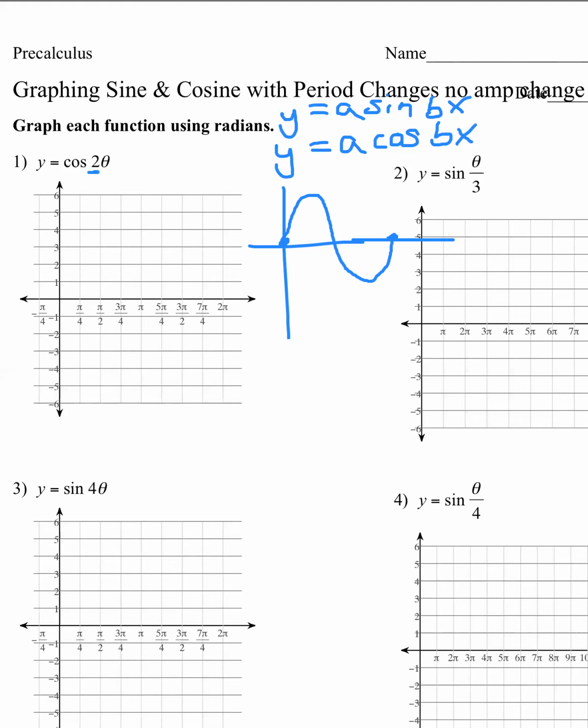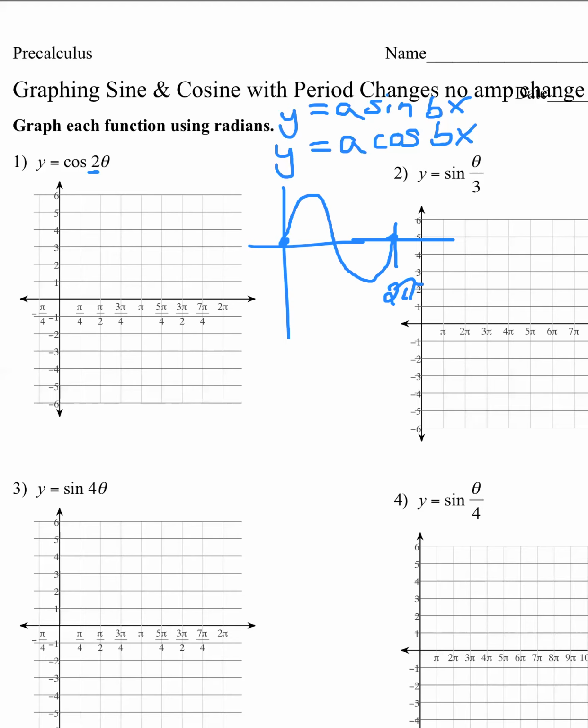That's one full cycle that you see there. Then it just keeps going forever in both directions. But that's what we refer to as one period, and every day up until today that has always happened in 2 pi radians.